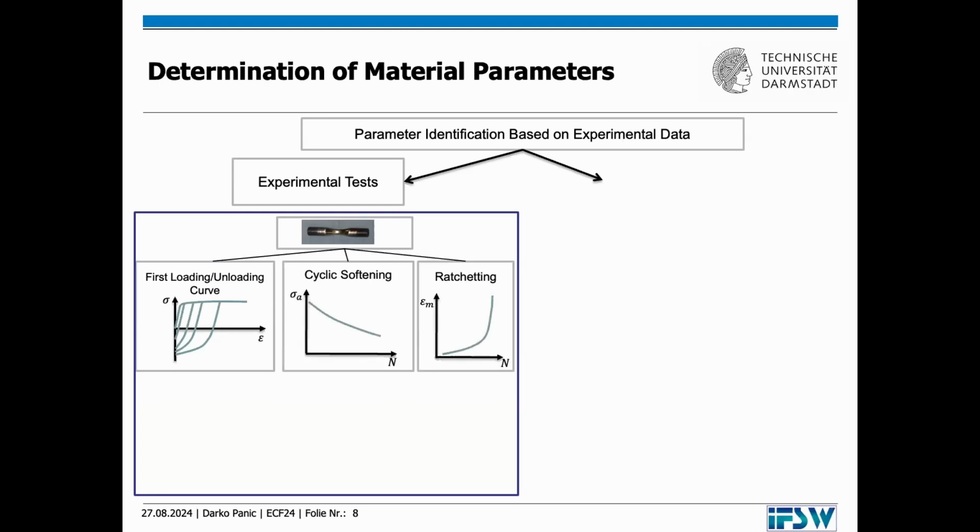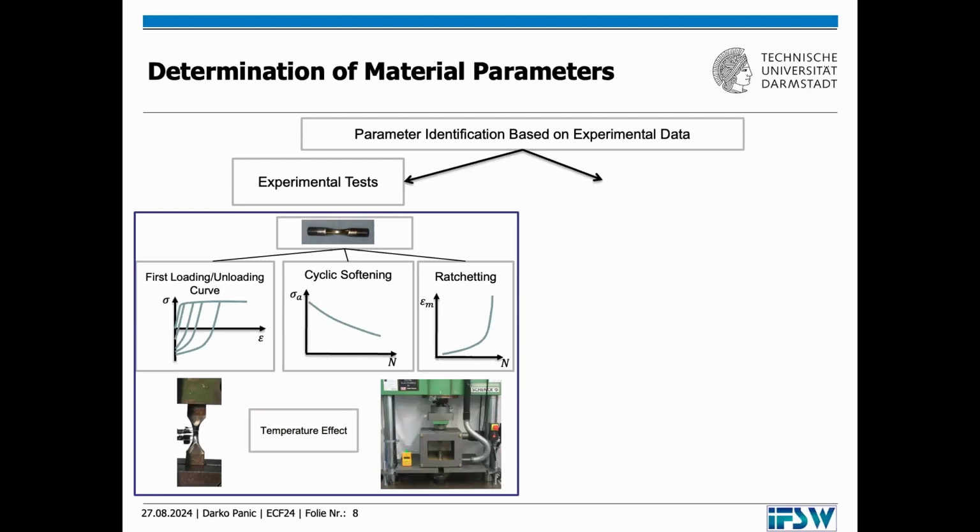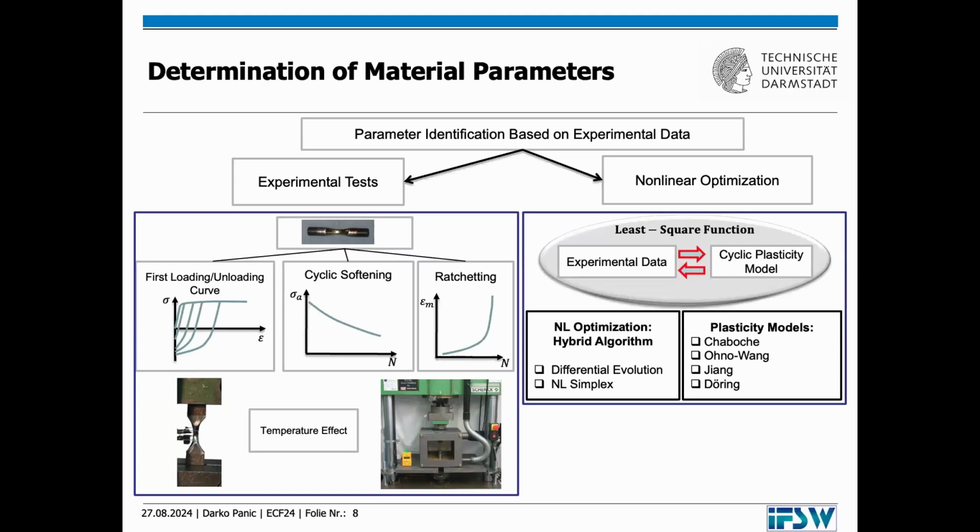Next, the cyclic softening tests, and very important, the ratcheting effect. Yes, this is only a kind of picture of the oven, to say these parameters are temperature dependent, and you have to have different temperatures.